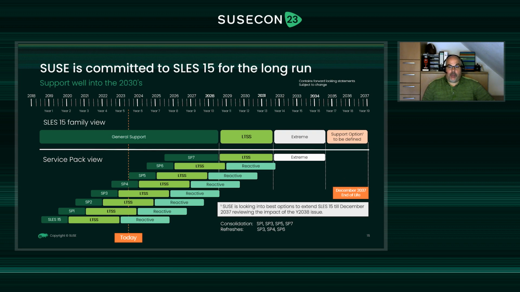This means that even the last service pack, /15 SP7, could receive support for 10 plus years. We are excited about the possibilities this brings and aim to share more details about these extended support options in the near future. You can expect to learn more at the next SUSECon and stay updated through our regular news channels.